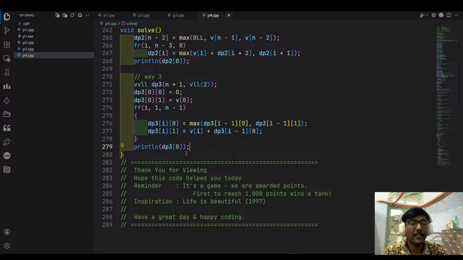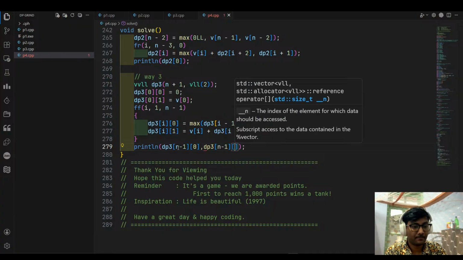And in the end, since 0 to I is defined, maybe n minus 1 being picked up or not being picked up. And I want the maximum of those.